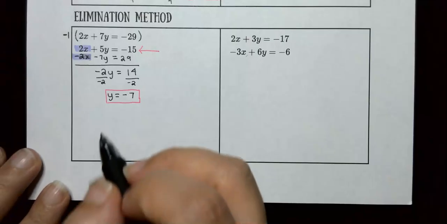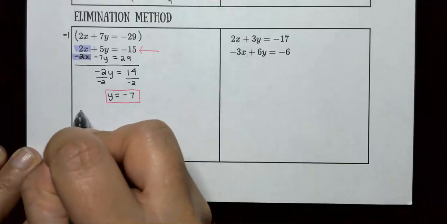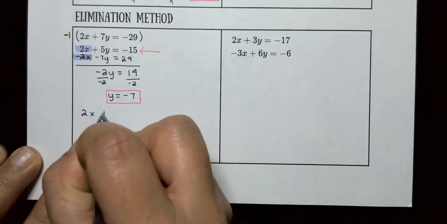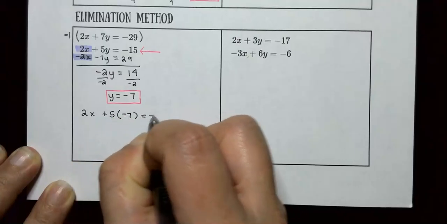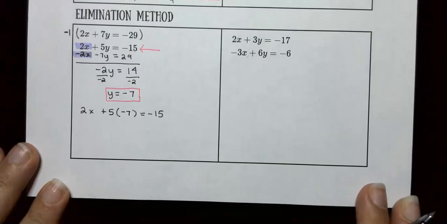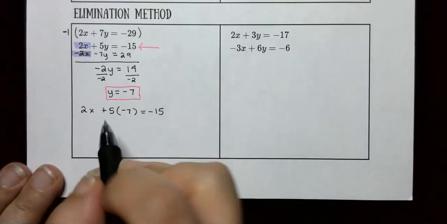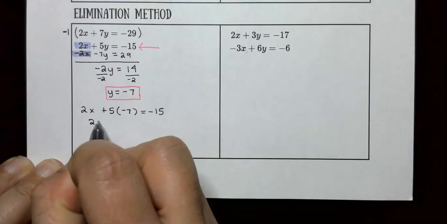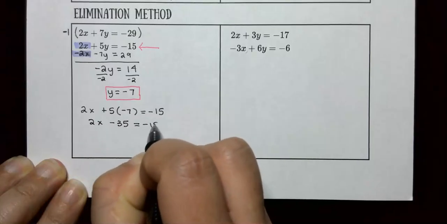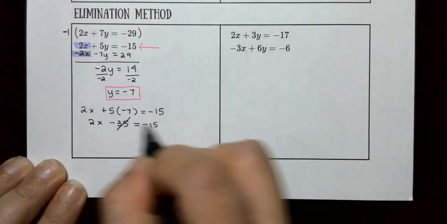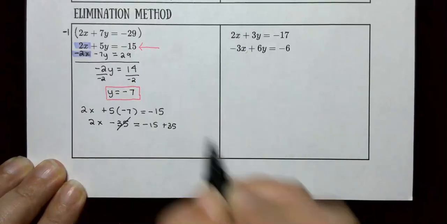So from here, we're going to say 2x plus 5 times negative 7 is equal to negative 15. And from here, I can multiply 5 and negative 7 to get negative 35 is equal to negative 15. I'm going to add 35 to both sides.